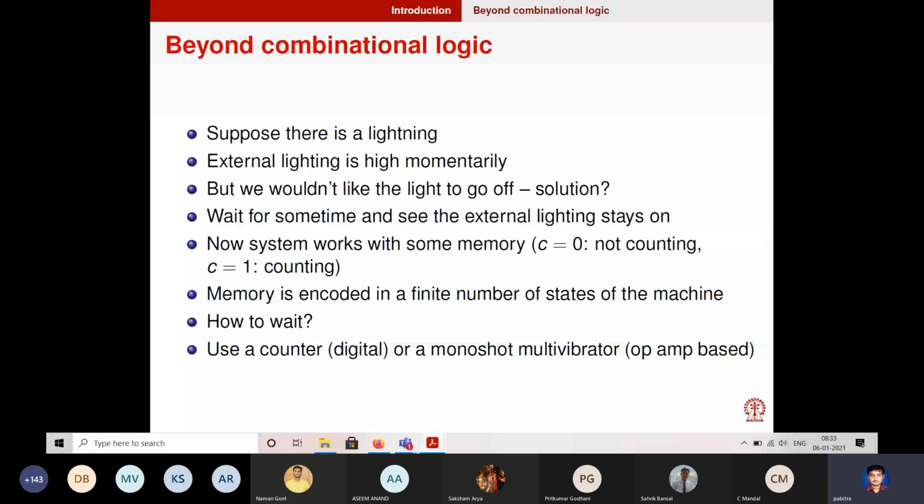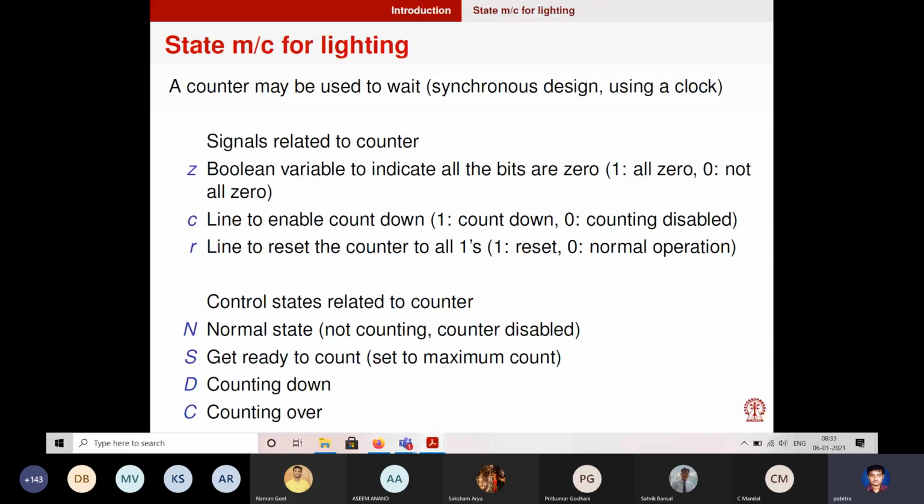But what we'll see is that this counter, or this memory, or these states, have a nice formalism. They can be represented very nicely as a digital circuit, as a kind of block. So let's consider a simple case of a counter.